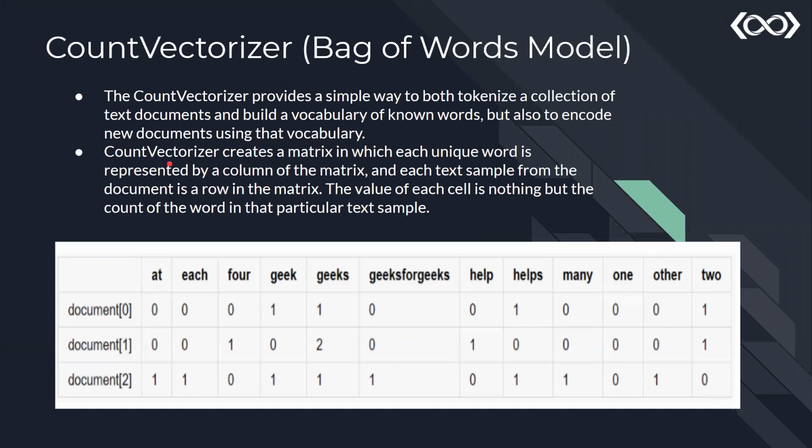So there's something called the bag of words model, which we will be creating using the count vectorizer. Just look at this table. Document 0, in our use case, will be the first review. Document 1 will be the second review. Document 2 will be the third review.